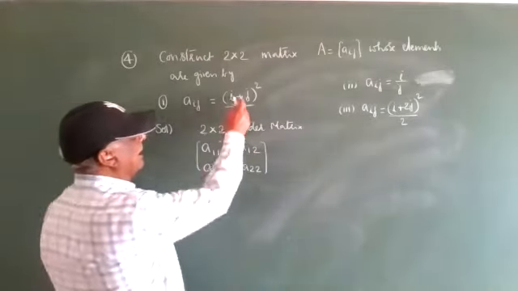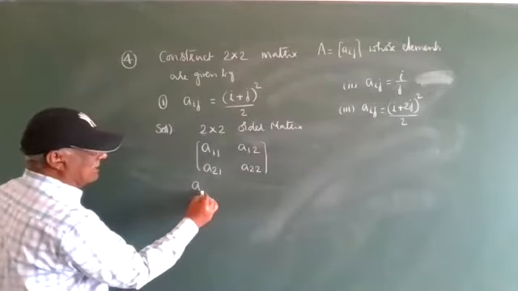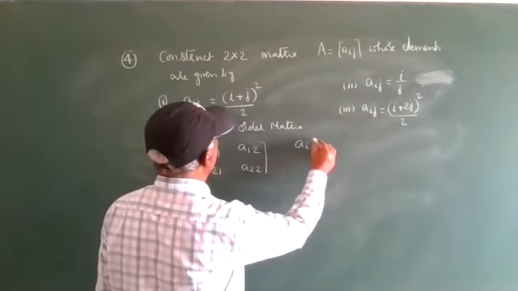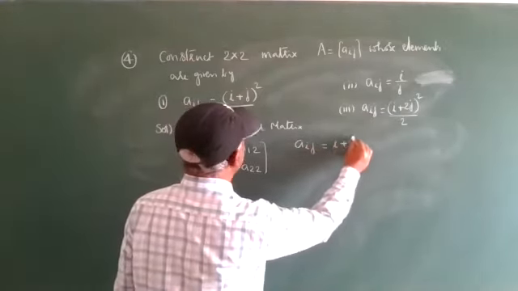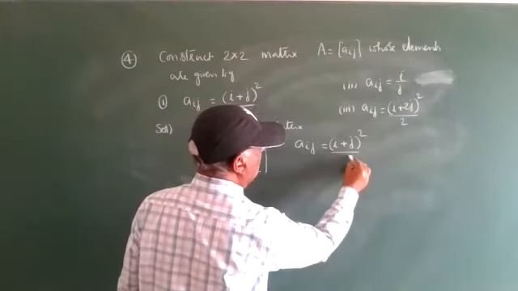This is the required matrix. Here Aij is given by (i plus j) whole square upon 2.